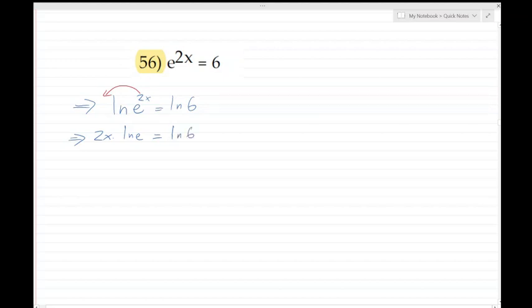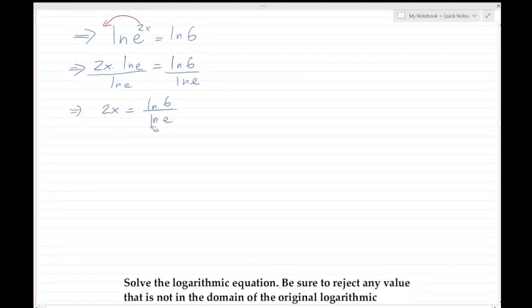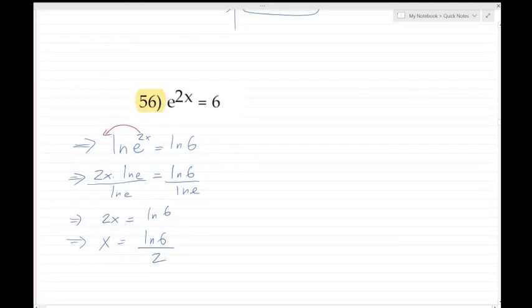And maybe you have or maybe you haven't noticed that ln of e is 1, but if you haven't and you're just pushing along the problem, you divide both sides by ln e. You have 2x equals ln 6 over ln e, and realize that ln e is just a 1, so I'm going to just drop it, and then we'll have that x is equal to ln of 6 divided by 2.